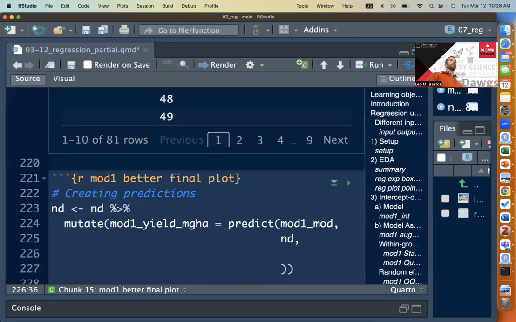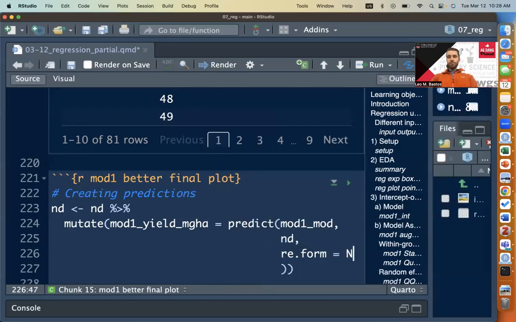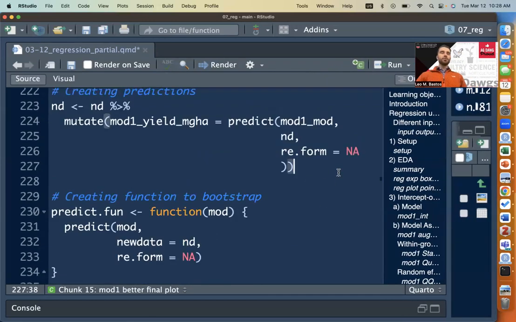That's not my goal, right? I don't want it to say, well, level 45 for block 1. If this is a prediction, I don't care about what block it would need to be. So a way that we can say, give me an overall prediction rather than a prediction for a level of your random effects, is just say re.form equals NA. So this is what tells the predict function, do not give me a block specific prediction, give me an overall prediction at the level of the study.